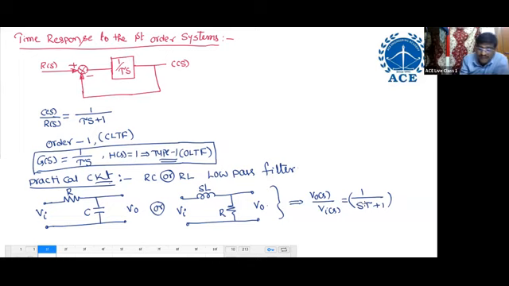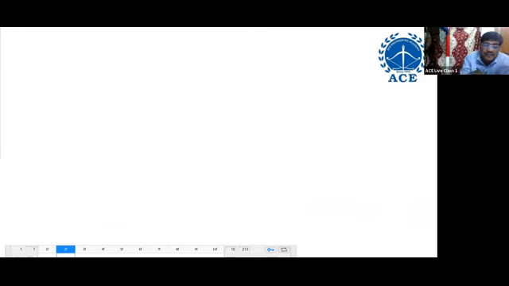Okay. Next, impulse response. Impulse response to the first order system. Already the first order system is there. Now impulse response means R of t equals del of t, so R of s equals 1.